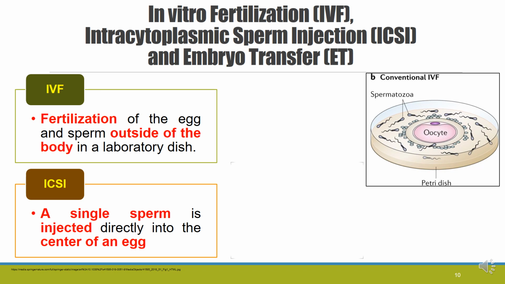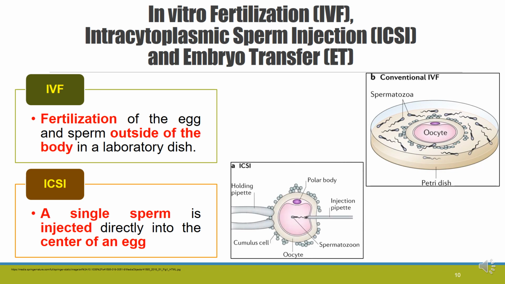The second one, intracytoplasmic sperm injection, is the process where a single sperm is injected directly into the center of an egg. For this technique, only a single sperm is needed for fertilization, and it is commonly used to treat infertility problems of males.